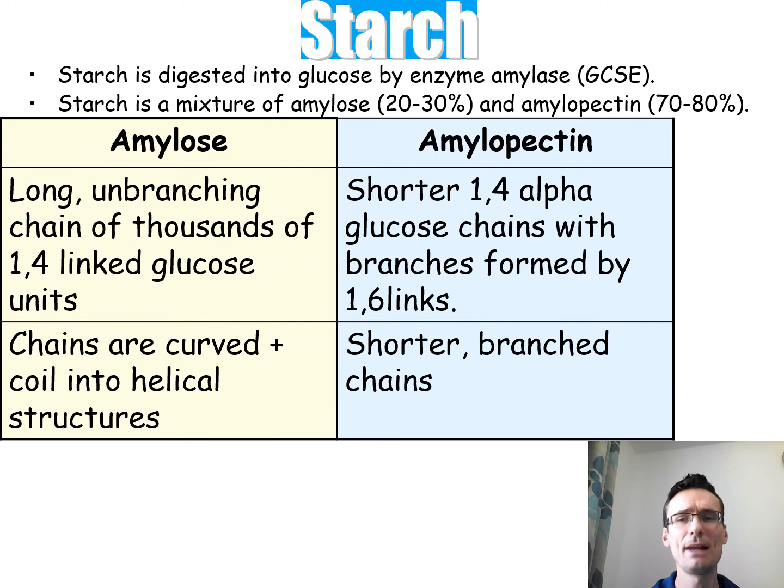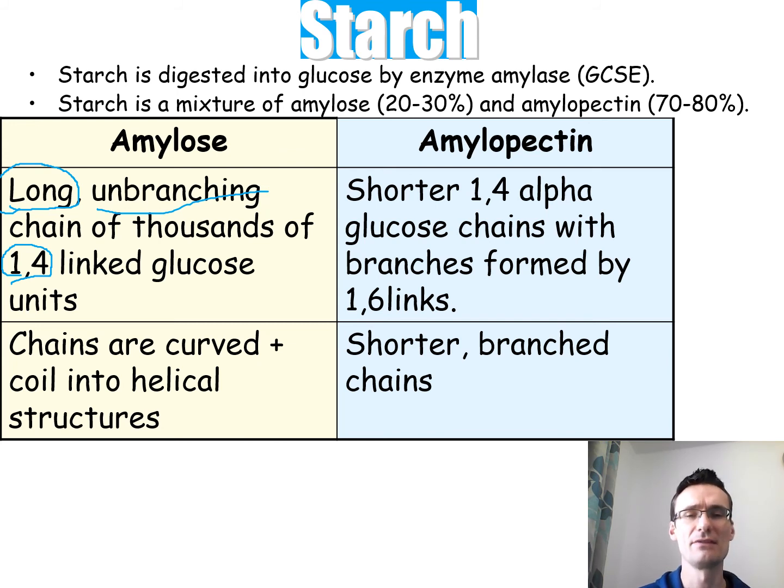If we compare the two structures, amylose is the longer chain of about 1,000 alpha glucose molecules, and it is an unbranched chain, made only of 1,4 glycosidic bonds between the alpha glucose. The chains are coiled.